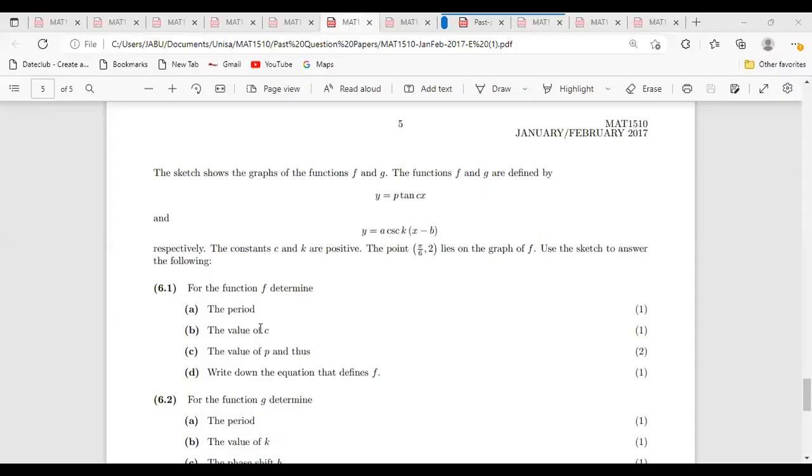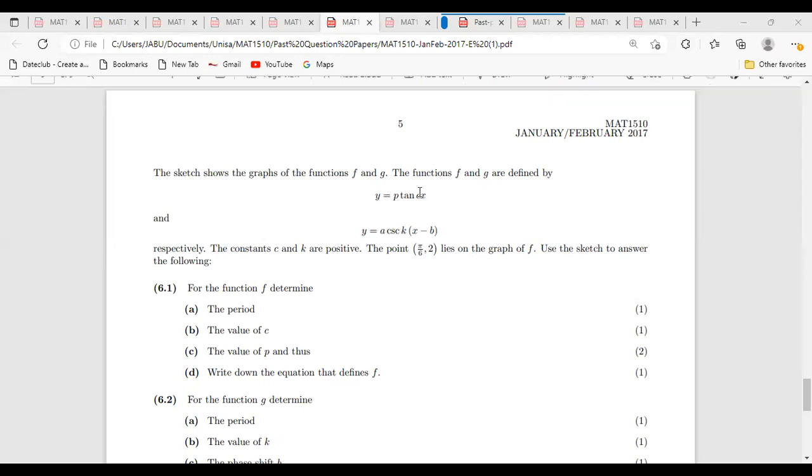The value of C. So the value of C, okay, it has to do with the period.